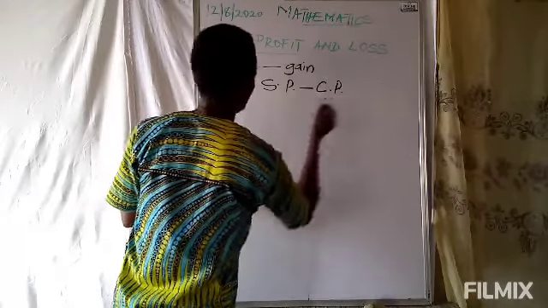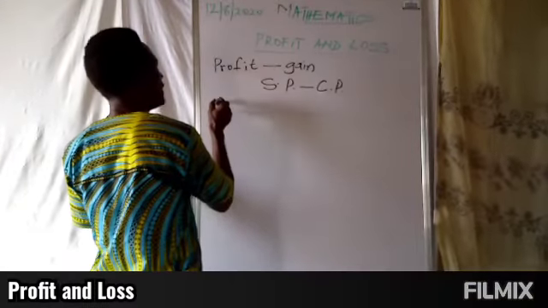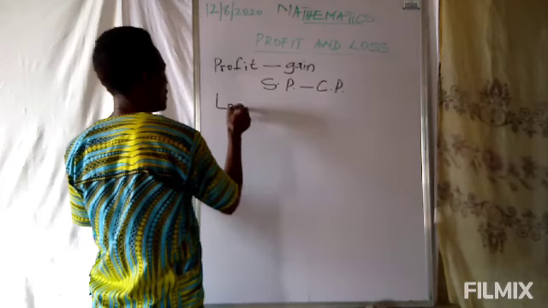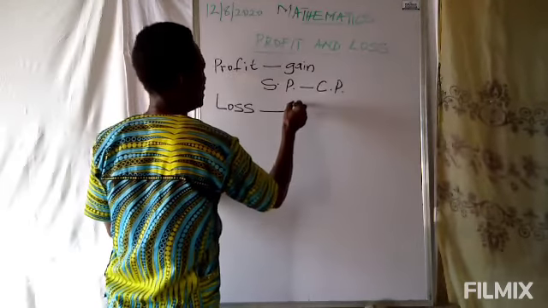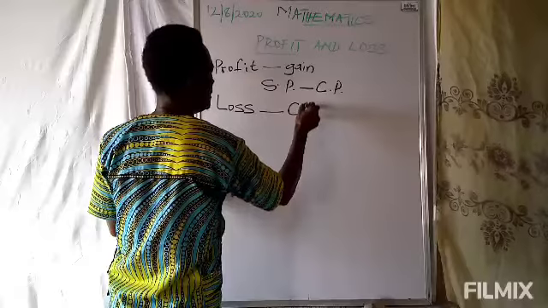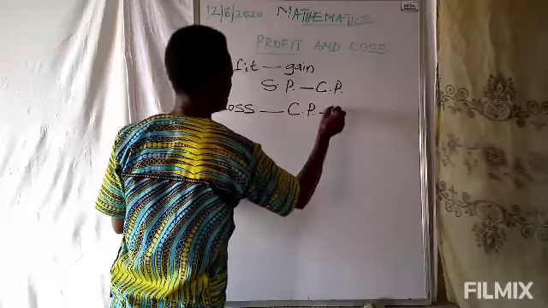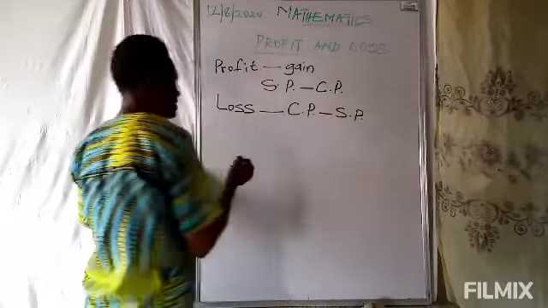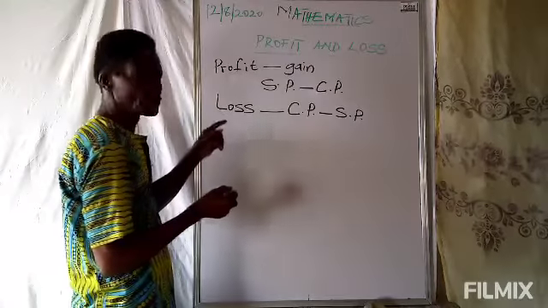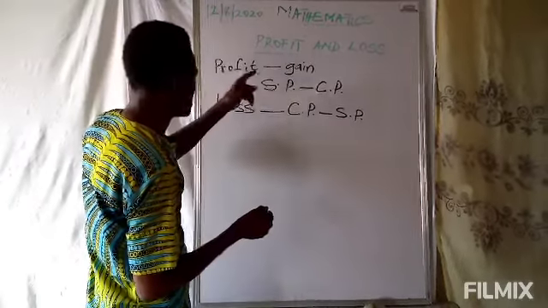That is gain. Then we have a loss. The formula is CP minus SP. These are what we know as loss. Then this is what we know as profit.